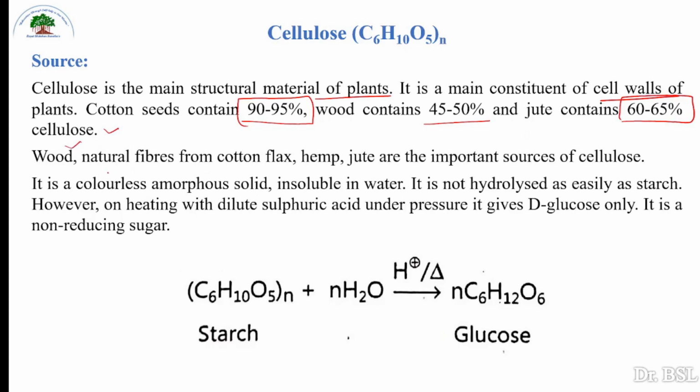Wood, natural fiber from cotton, flax, hemp, jute are the important sources of cellulose. It is a colorless, amorphous solid, insoluble in water. It is not hydrolyzed as easily as starch. However, on heating with dilute sulfuric acid under pressure, it gives D-glucose units. That means D-glucose only. It is a non-reducing sugar.